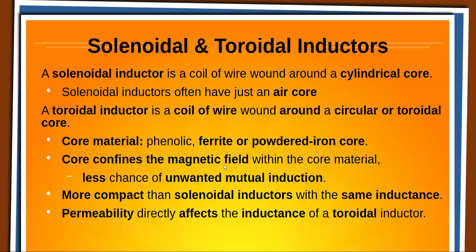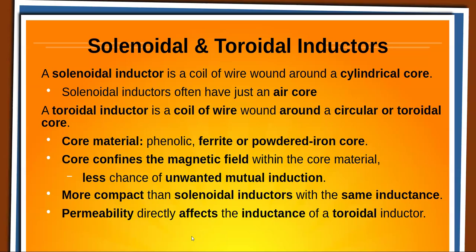The main thing on toroids is that they are a little more compact. They're more efficient space-wise, so they're better when you're trying to make a very compact system. And the permeability directly affects the inductance. So the higher the permeability, the higher the inductance.